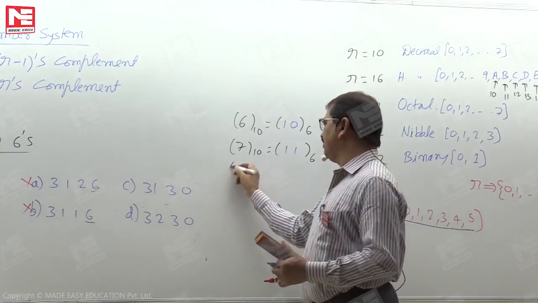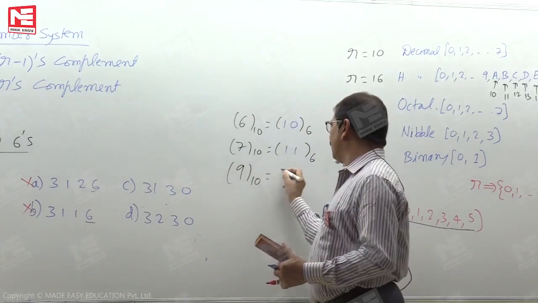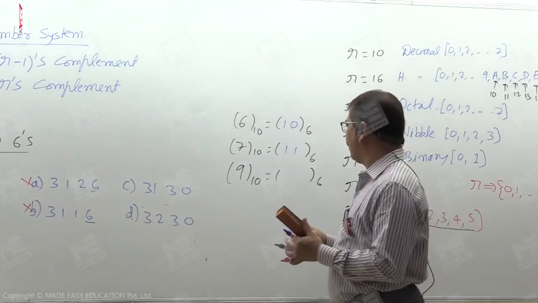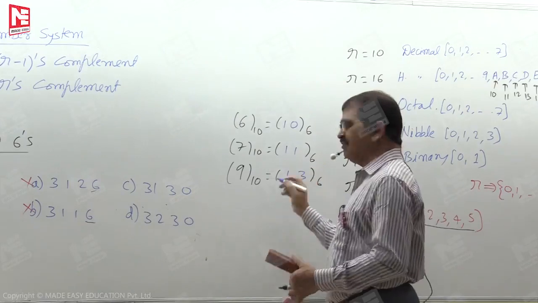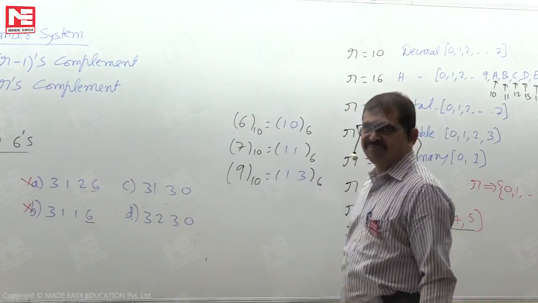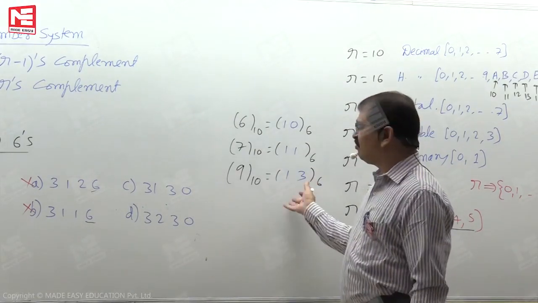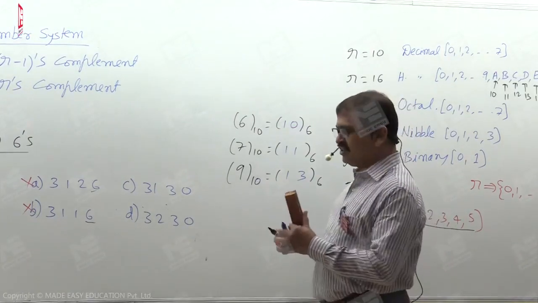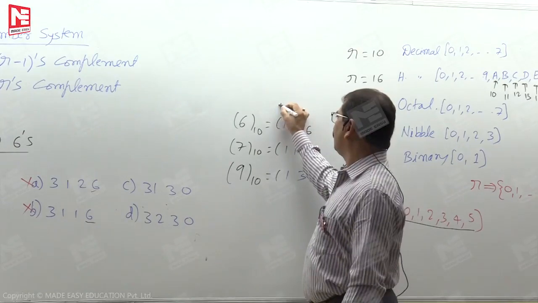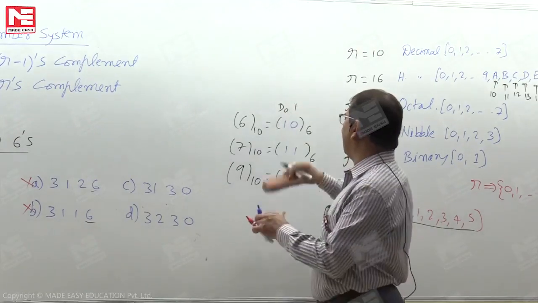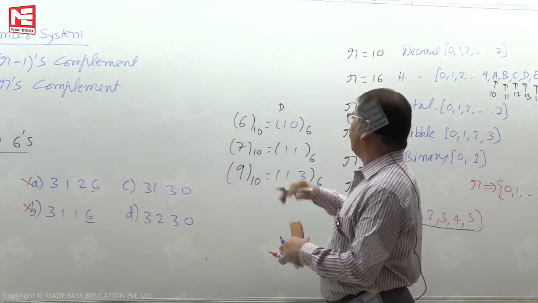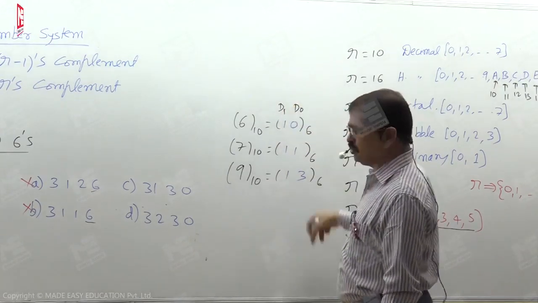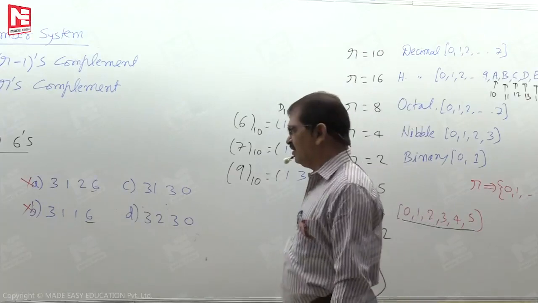For decimal 9, the answer is 1, 3. And so on for any other case. So it is observation. With all these cases, if you have any doubt, go with the expansion work, the polynomial equation. In all these cases, D1 is this, D0 is this, you can work out and verify.